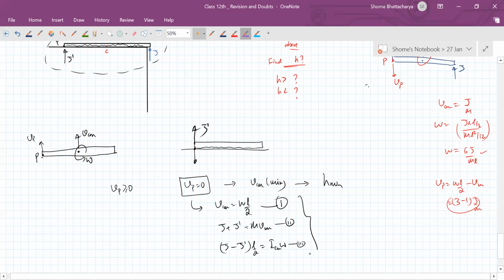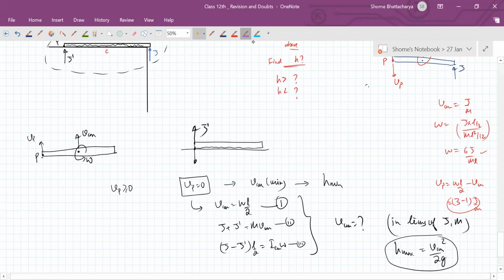So you solve this system of equations and you'll get some VCM in terms of J and M. And then your H max will be VCM square by 2G, because once it loses contact with that surface, the angular speed will remain constant, and it's just vertical motion of the center of mass. Okay, so just complete this, all of you, and that will give you the lower limit.